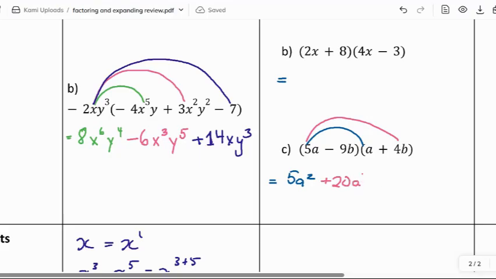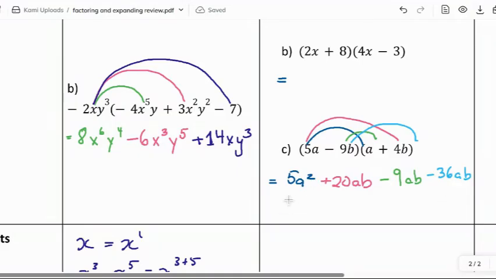And now I just write ab. And so the same goes for the next term. Negative 9ab. Oh, like terms. Negative 36ab. And then, so that step was called expand.